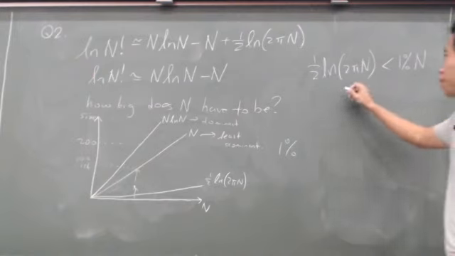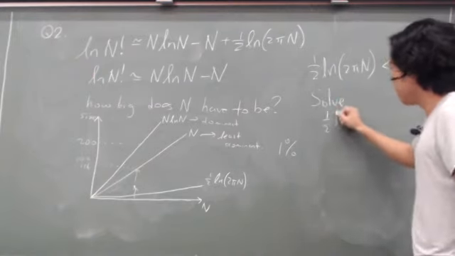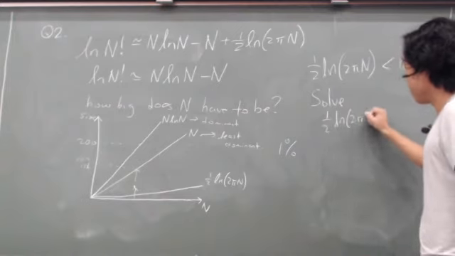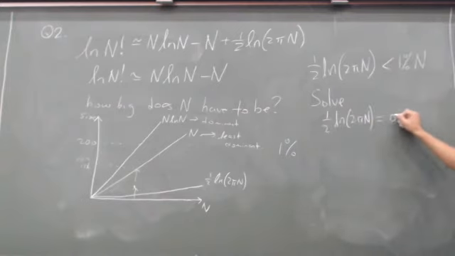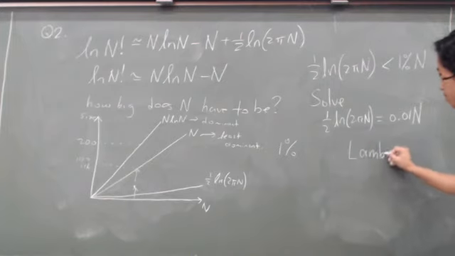So how big does n have to be? We just solve for half log of 2 pi n equal to 0.01 n. I don't think there's an easy way to solve this. It's a Lambert function, Lambert W function.